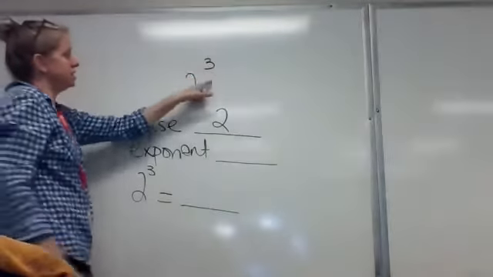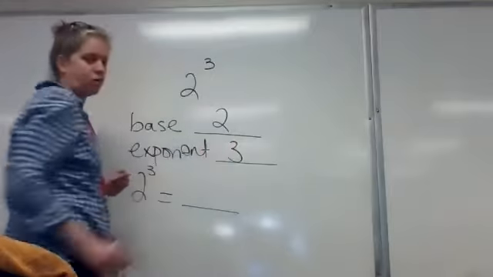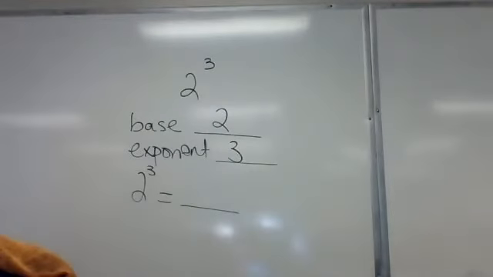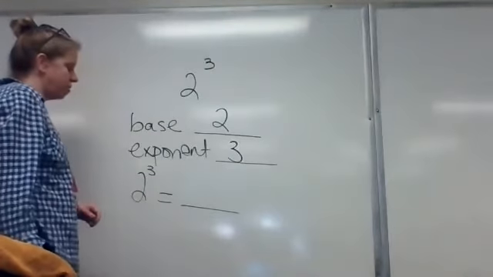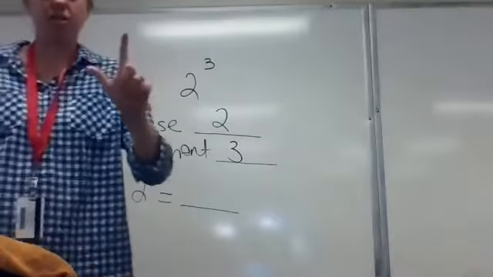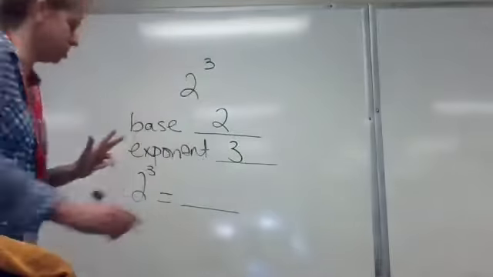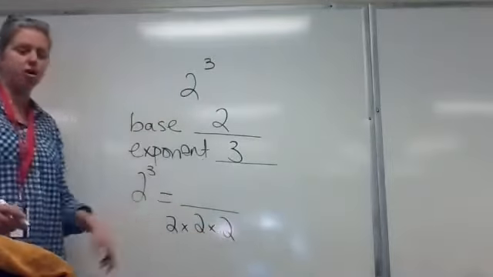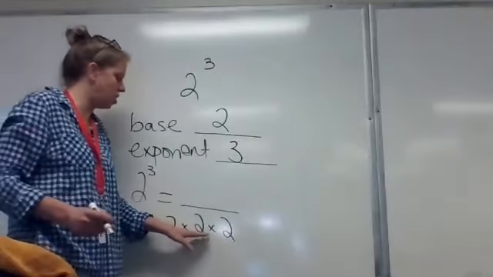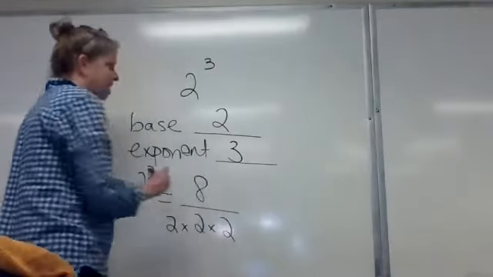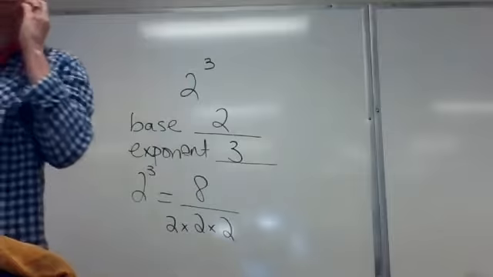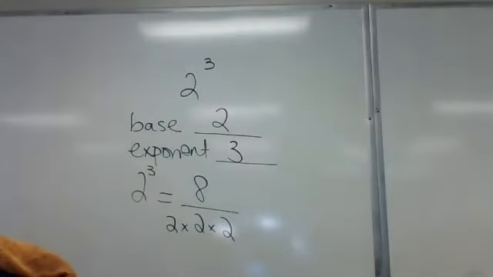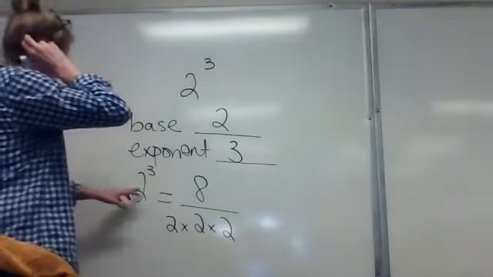The exponent is the little number up top, so it's 3. Then 2 to the 3rd power would mean 2 times 2 times 2. If you write that out and do the multiplication, 2 times 2 is 4, times 2 again gives me 8.